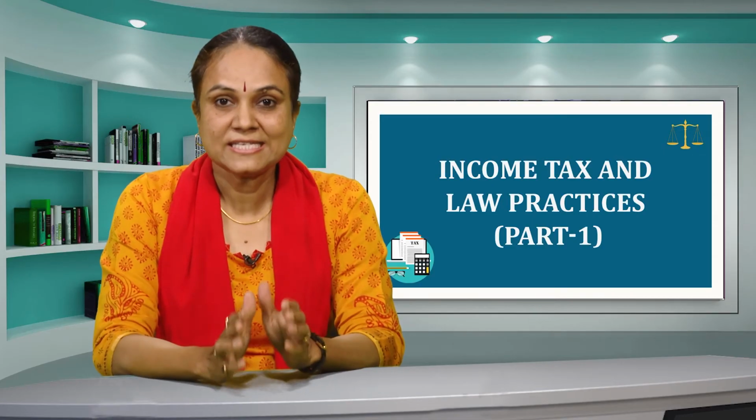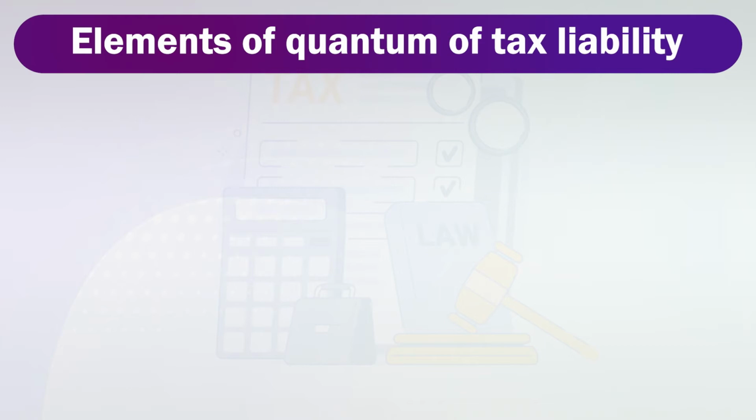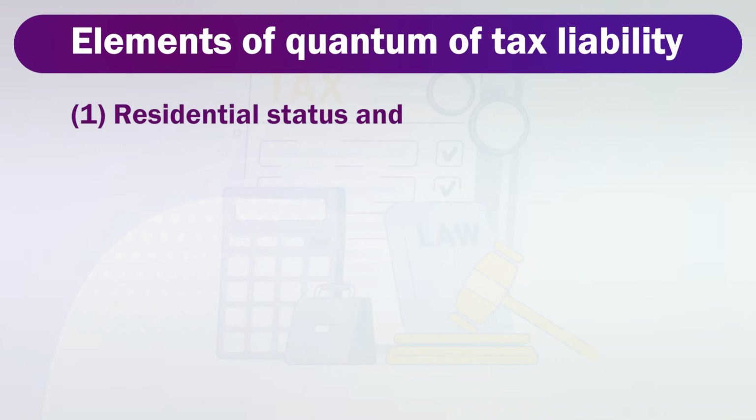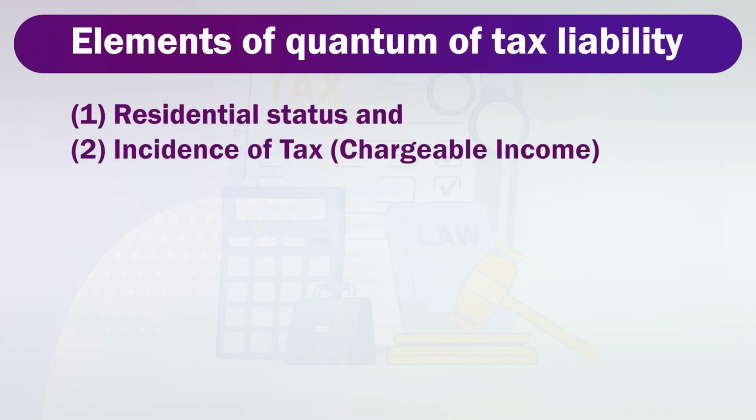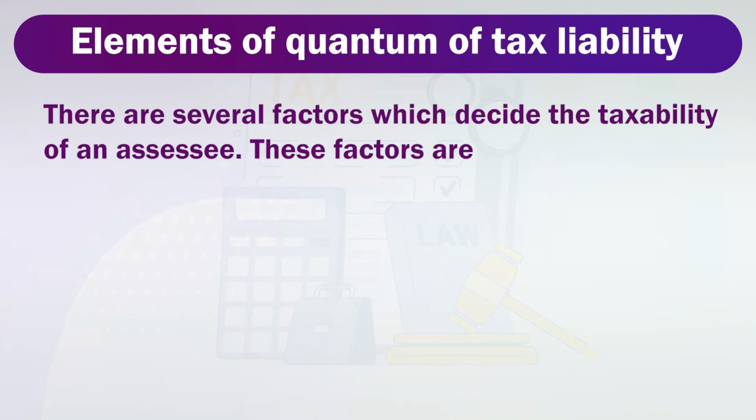Now, we will study two important elements which decide the quantum of tax liability. Number 1, residential status, and number 2, incidence of tax, that is chargeable income. There are several factors which decide the taxability of an assessee.